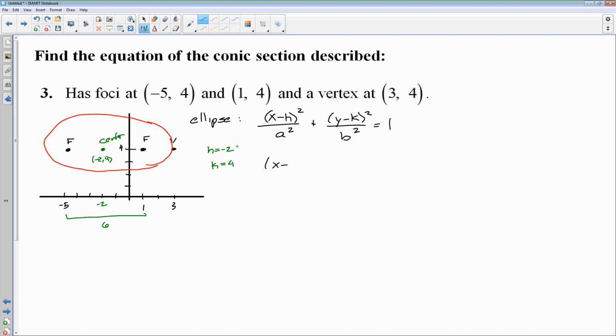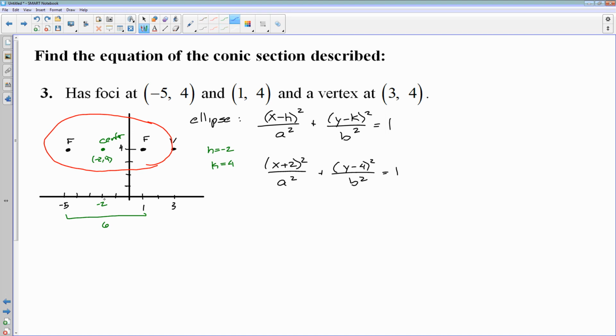(x - (-2)) would be (x + 2)². Still haven't found my a. Plus (y - k), so that'd be (y - 4)² over b², is equal to 1. Now my challenge is finding my a and my b.